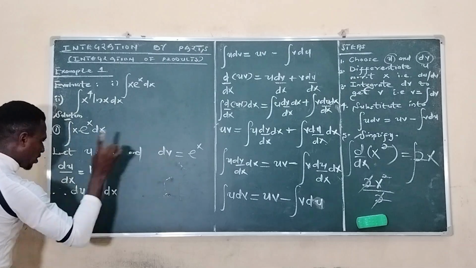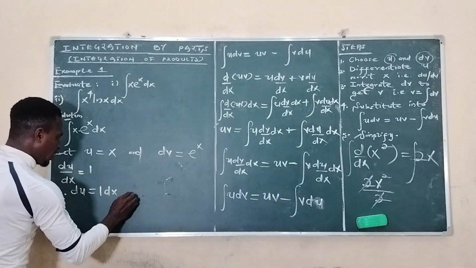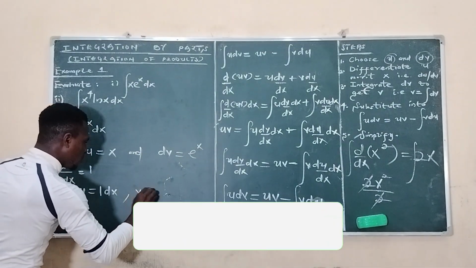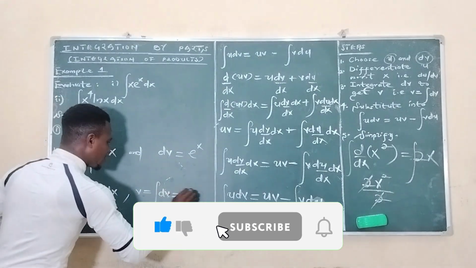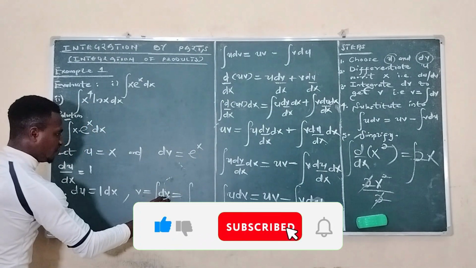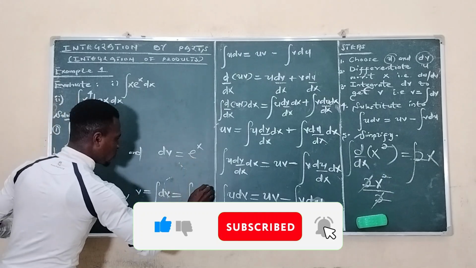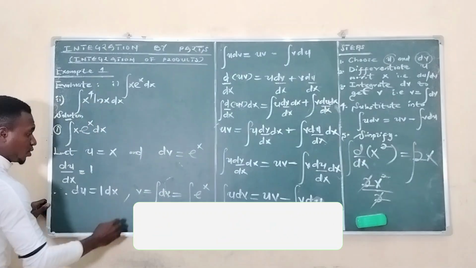So in this case, v is equal to the integral of dv, and this is simply the integral of exponential x.